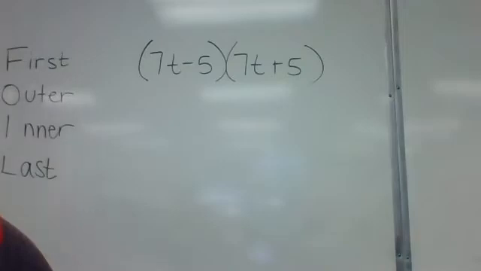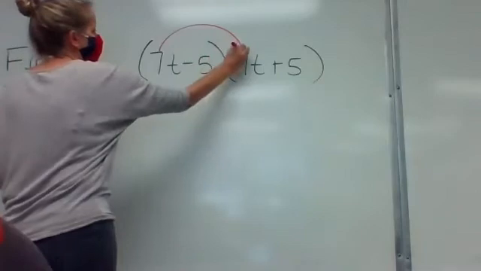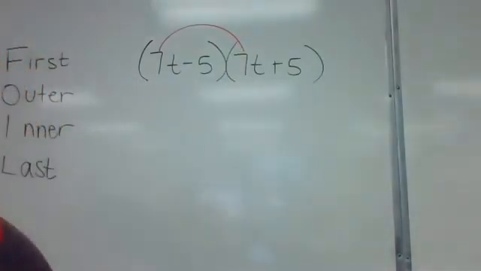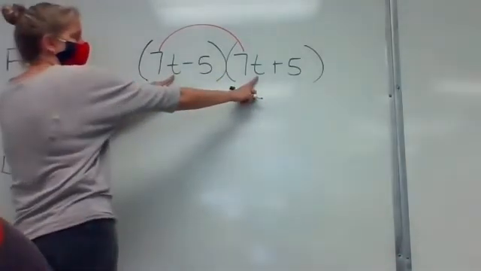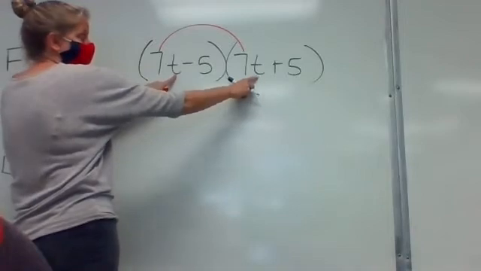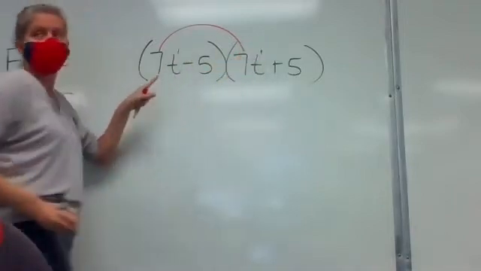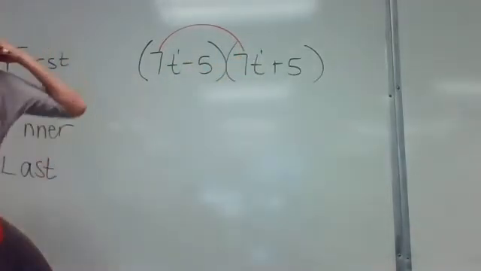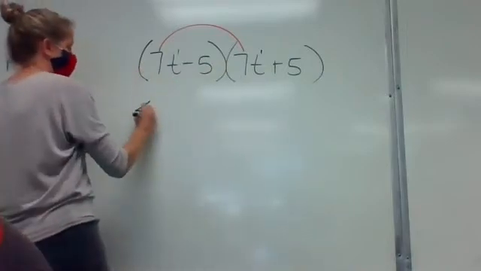So what's first in FOIL? 7t times 7t. 49t. Oh, t squared. Good. 7 times 7 gave me the 49.